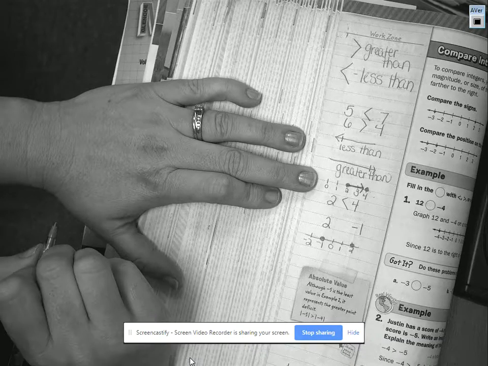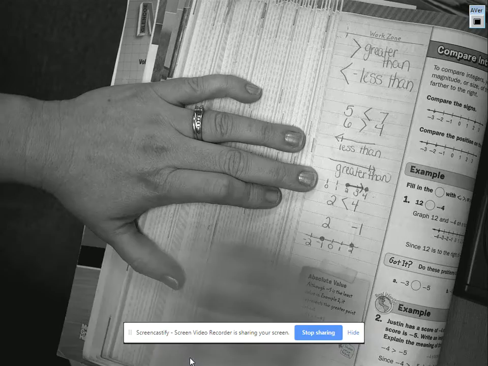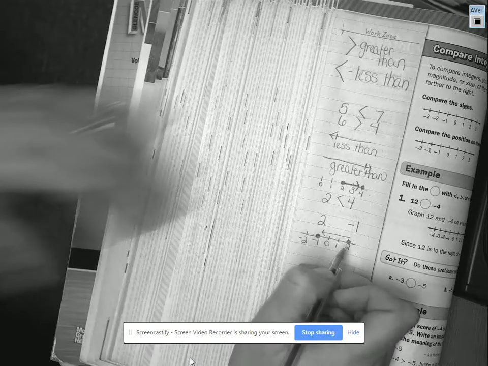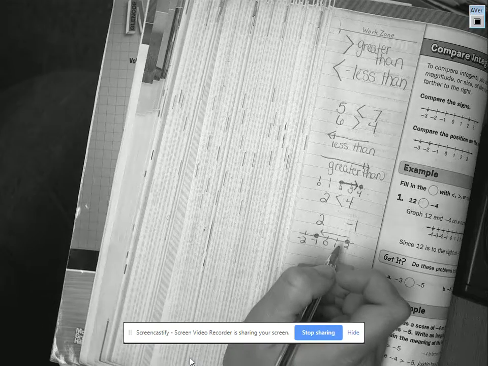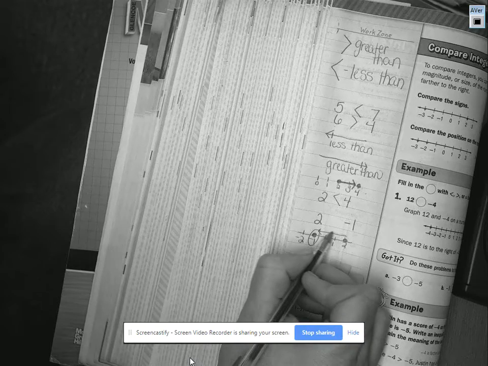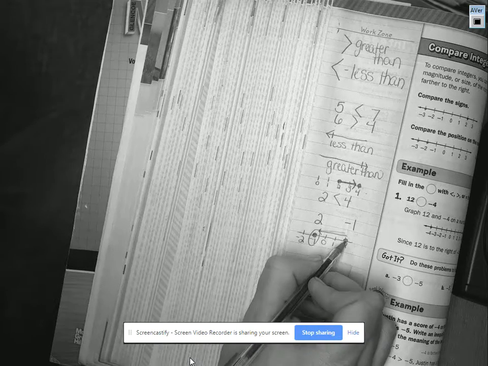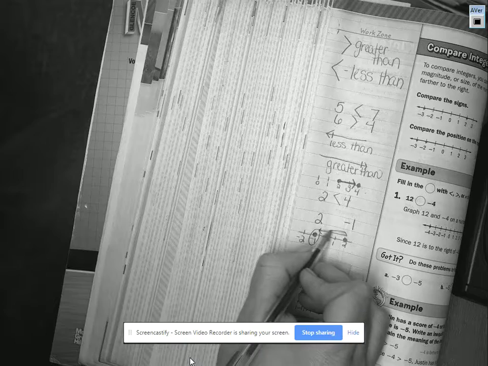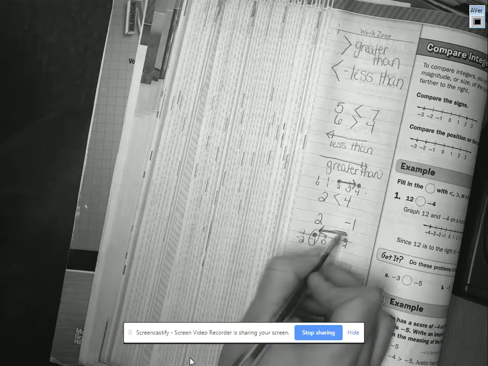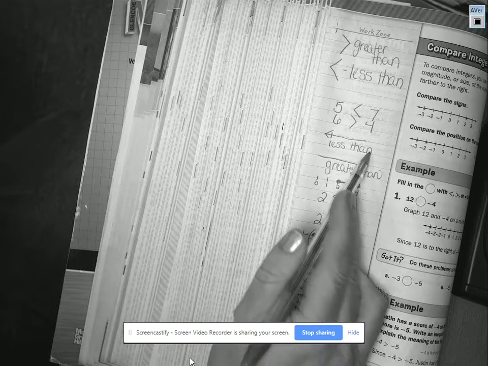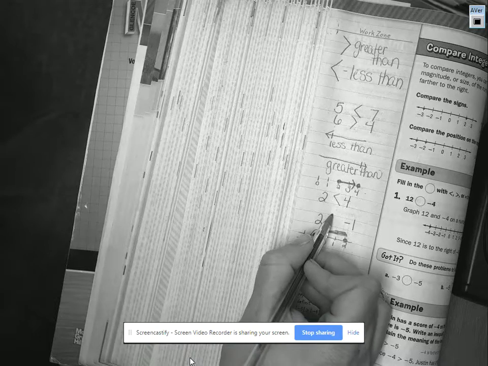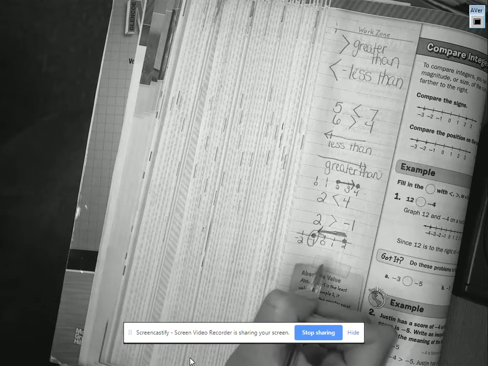So I'm going from here to here. So I'm ending at -1. So this tells me that -1 is less than 2, right? Because my arrow is going this way. So that means less than. So -1 is less than 2. So again, if the alligator is going to eat the bigger number, it's going to be this way.